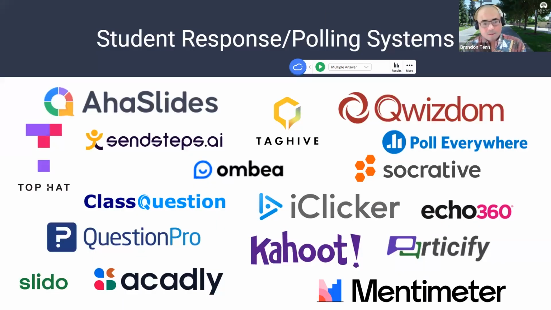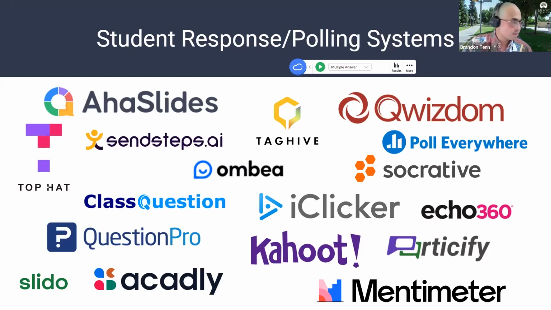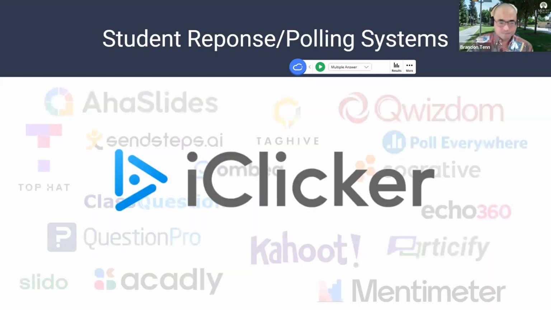What ended up happening was there were a lot of products on the market today that filled this void on audience engagement, student engagement. Obviously, we're talking about one. iClicker is the one that we want to focus on for ease of use, for flexibility.